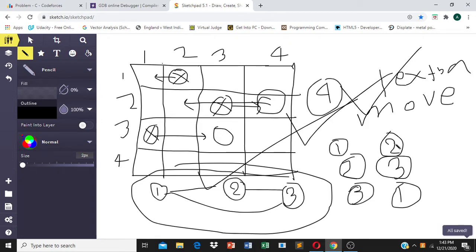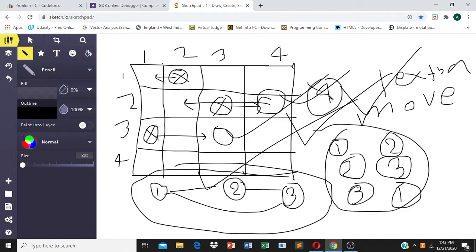So an extra move will always be added when there is a cycle. So we can treat it as a graph, with every coordinate as an edge, and if there is a cycle, then it will always cost an extra move.